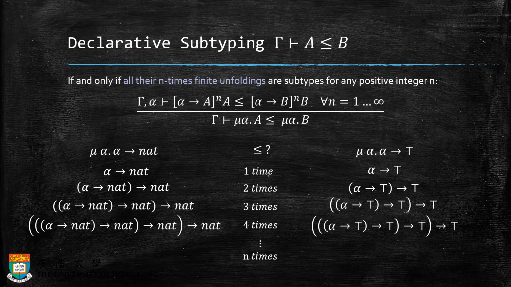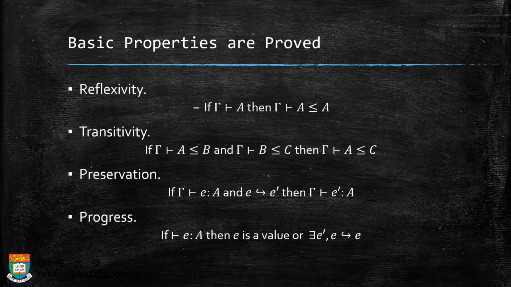For checking two iso-recursive types, we need to unfold them 1 time, 2 times, 3 times, 4 times, and so on. We prove some basic properties, including reflexivity, transitivity, preservation, and progress.